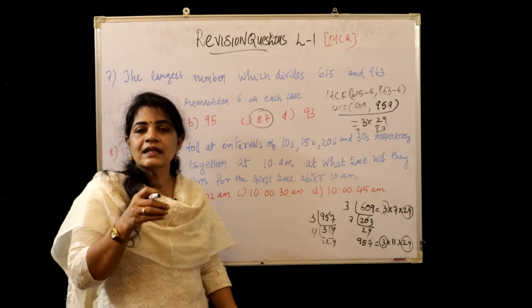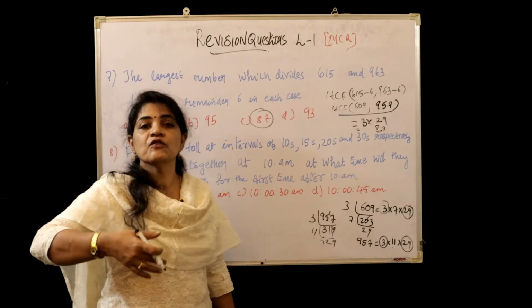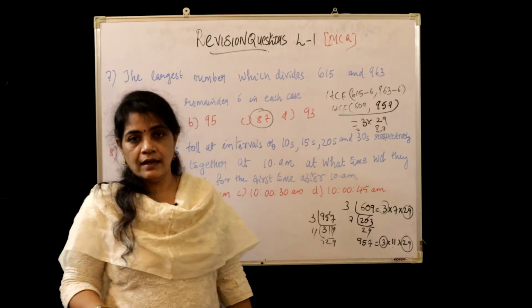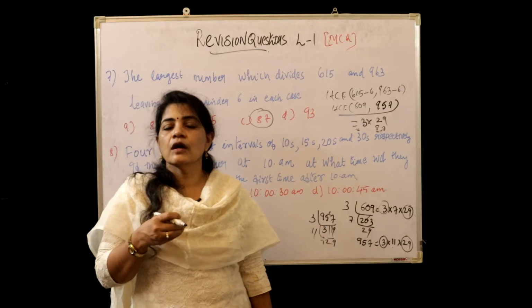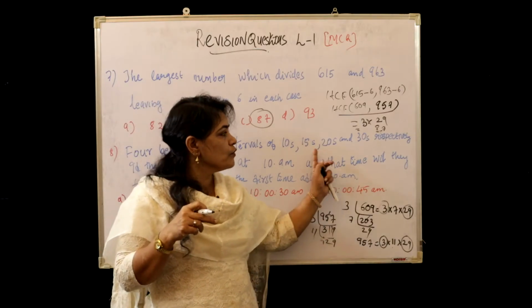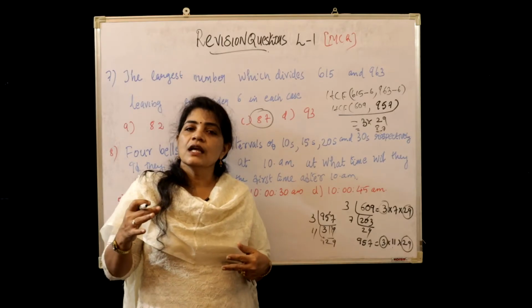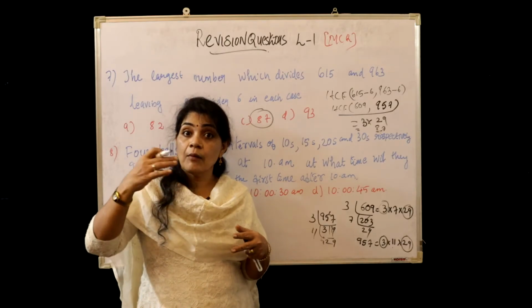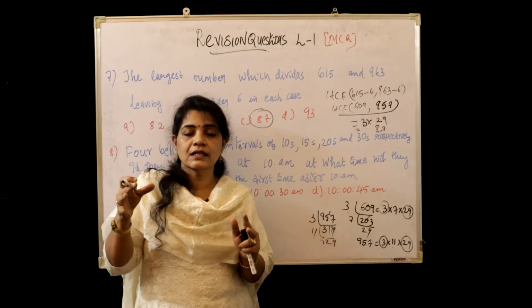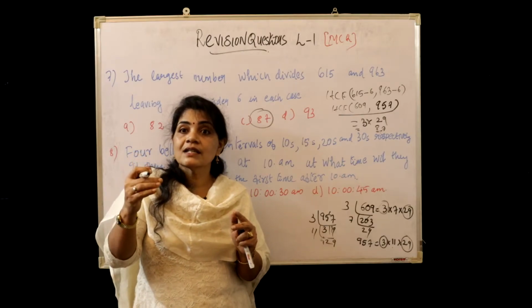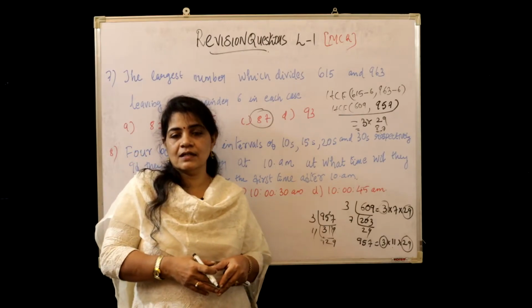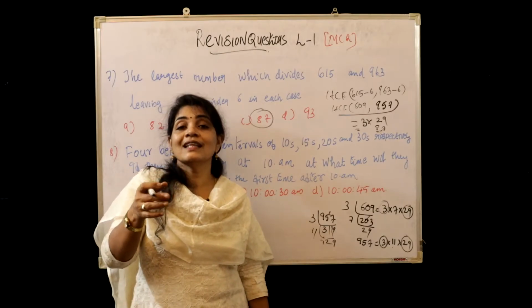That means, children, here the expected time is definitely more than 10. That means in such cases you have to find out the LCM of these 4 numbers. When after reading the question, you see that the number asked is common in that way, that number is always less than the given numbers, so there you have to take the HCF.